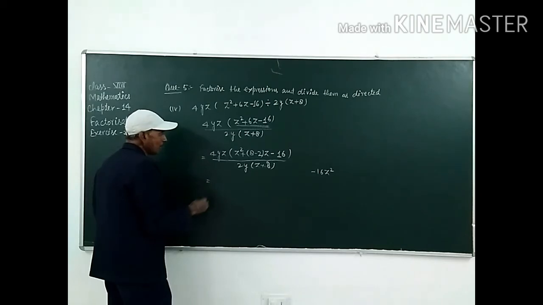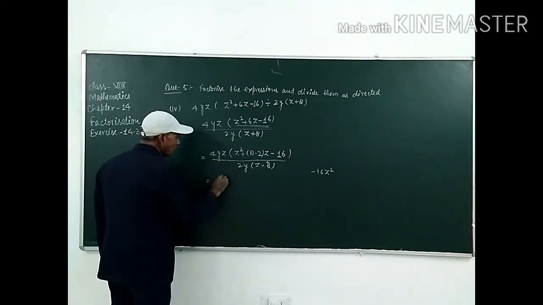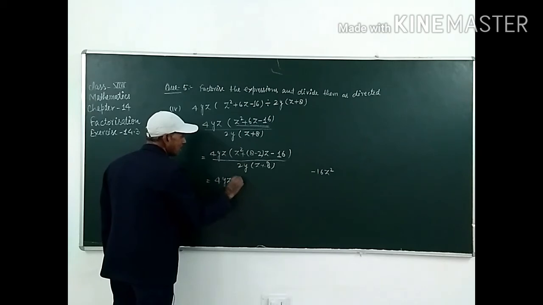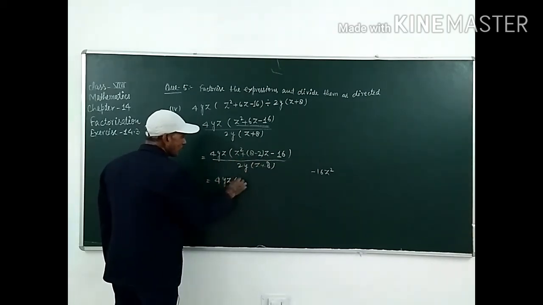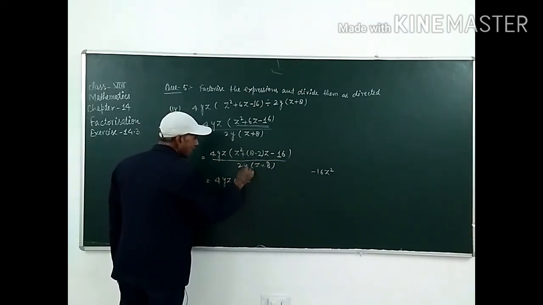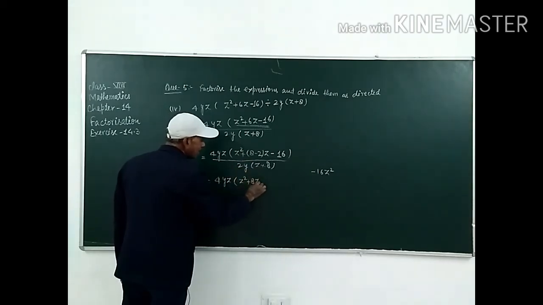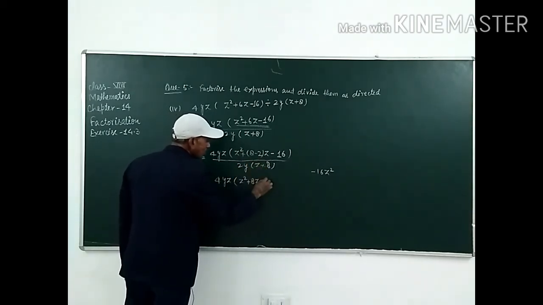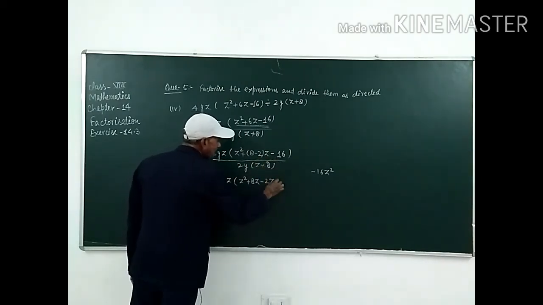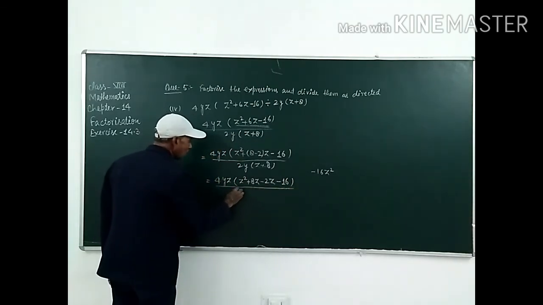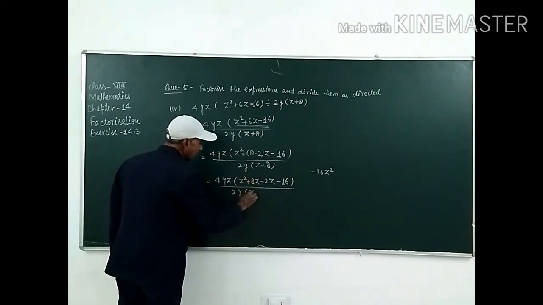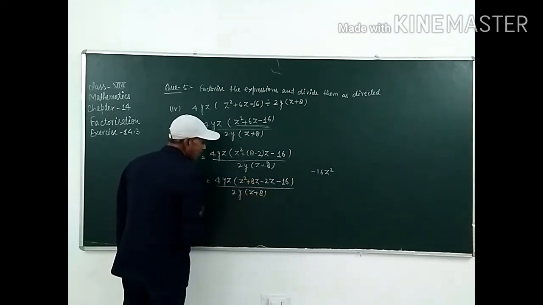In the next step we write 4yz, and we multiply this z with 8 and also with minus 2. So this will be z square plus 8z minus 2z minus 16, and the denominator will be 2y into z plus 8.